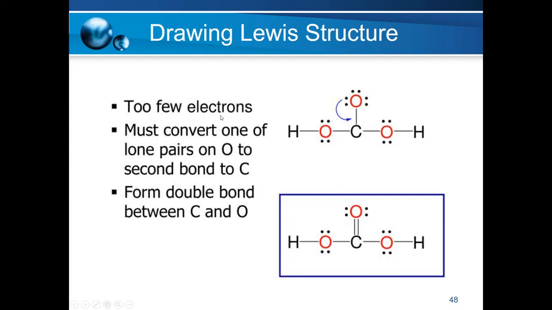So too few electrons. We must convert one of the lone pairs on oxygen to a second bond to carbon. So one lone pair here will donate to form another bond. And in the end, it produces a double bond between carbon and oxygen.